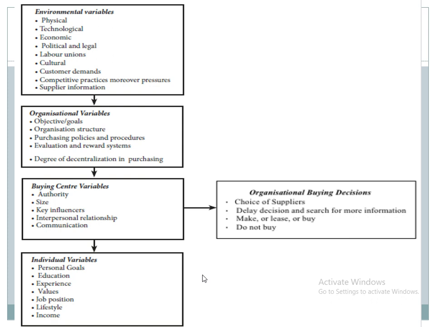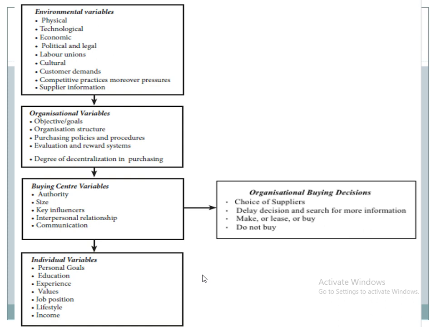Now, this is the Webster and Wind model of organizational buying behavior. It is adopted from the source R.E. Webster Jr. and Y. Wind, and it was published in 1972 in the Journal of Marketing.